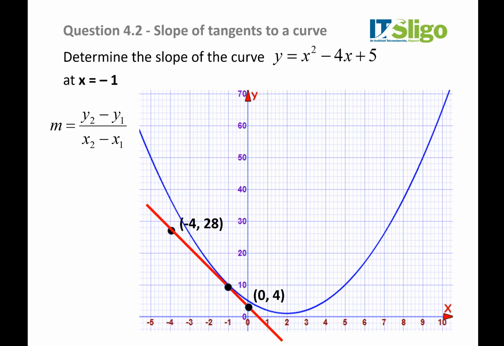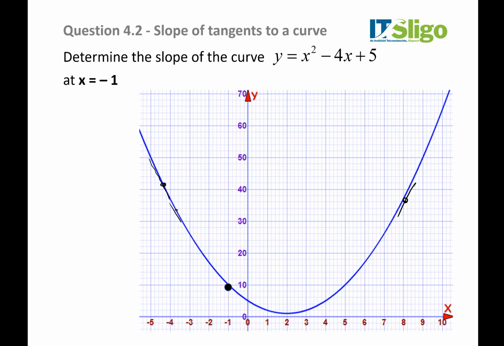And once we know the slope of the tangent at that point, guys, now we know what's going on, what's the rate of change at that point. And I hope it's obvious then, guys, that at every point on this curve, the slope is continually changing. Here on the right hand side it's positive, on the left hand side it's negative.